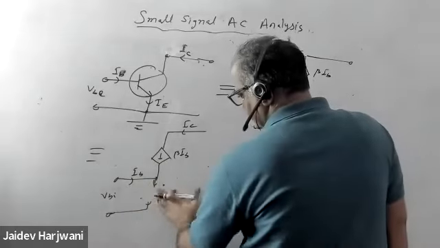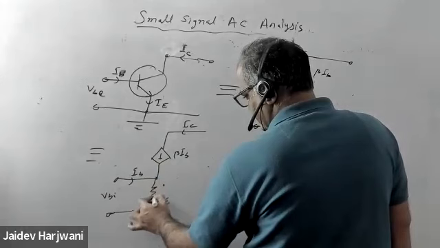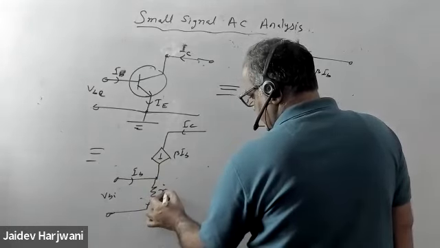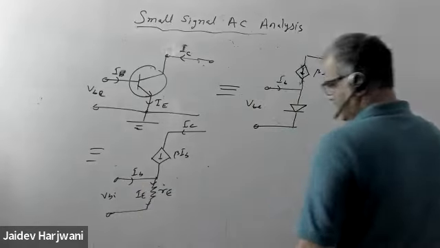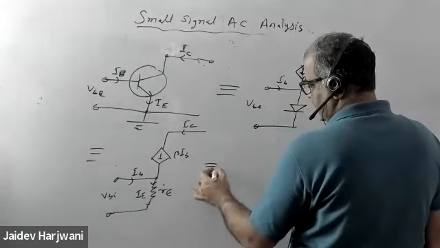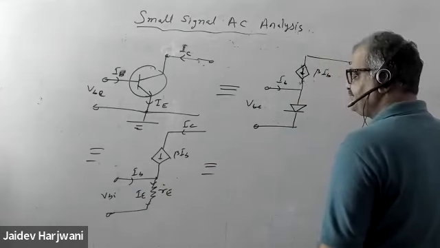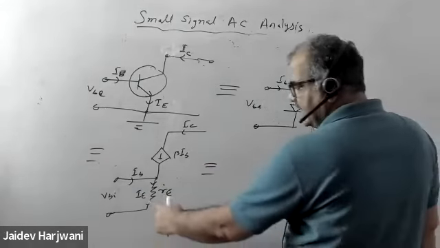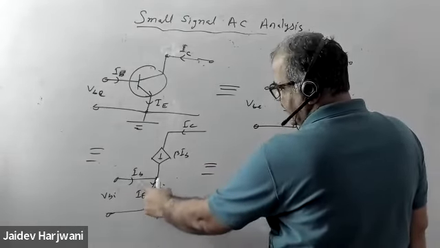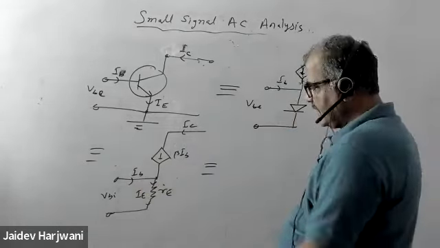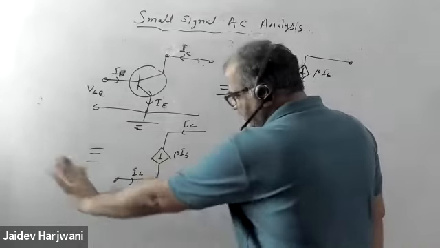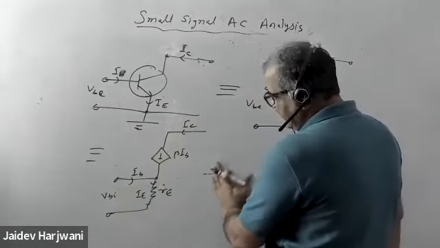Now I can replace this by resistance, that is RE, and I can say the current is flowing through this resistance, and this again can be separated out. Now here the current IB is flowing and here IC is flowing. Now what I want to do, I want to isolate this input from output like we have done earlier.